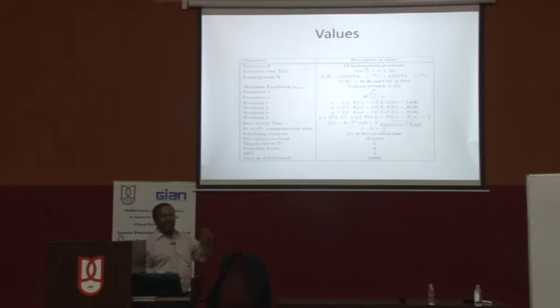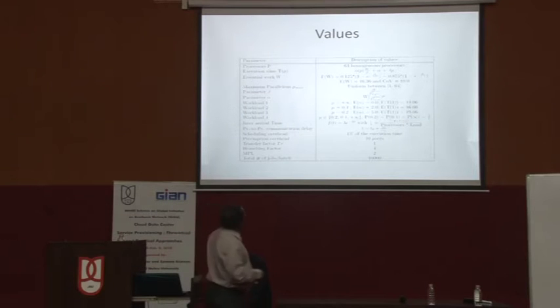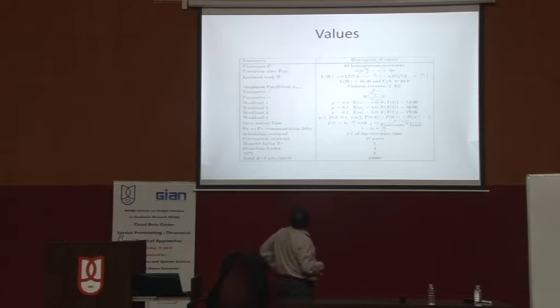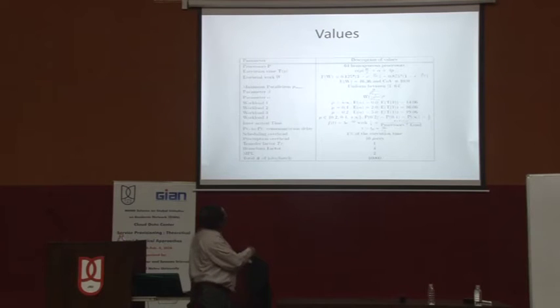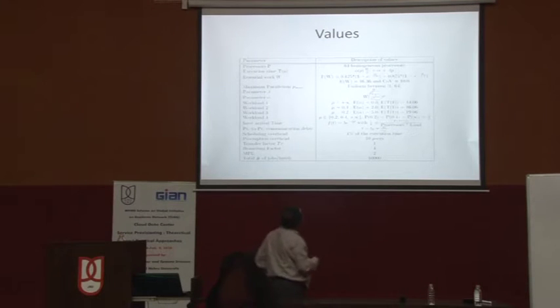This is how I generate about 10,000 jobs, and then these 10,000 jobs will run on 64 processors, and this tells me how they arrive after one another. So this is the mean. 1 over lambda is the mean, and this is how I calculate that.